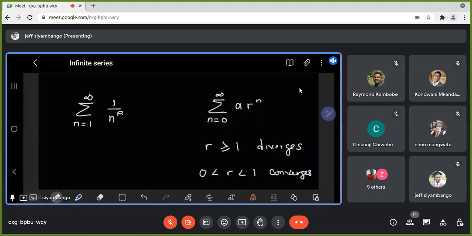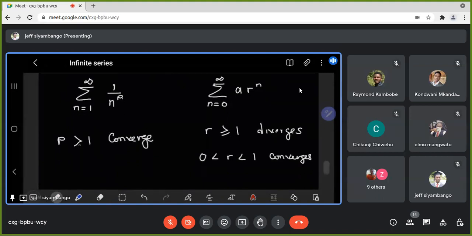But what we want to observe here is that for the P series, it kind of switches them up. Firstly, when you have p being greater than 1, that is when it will actually converge. See that? This is p greater than, not greater than or equal to, just greater than.